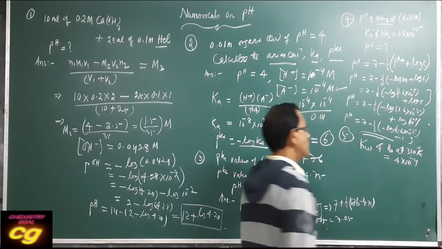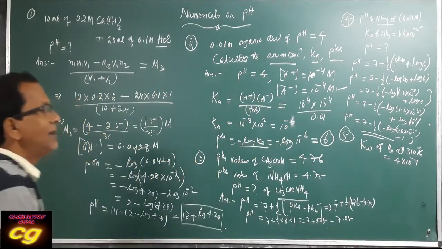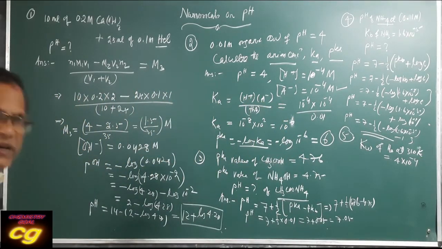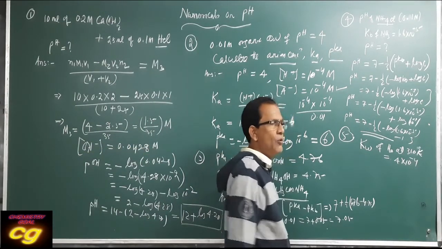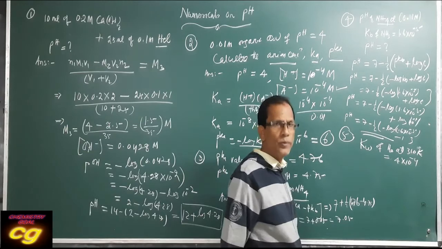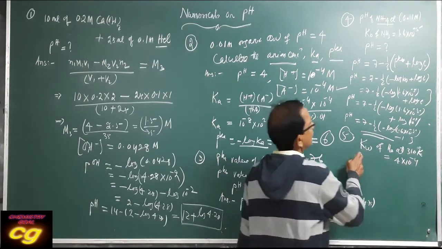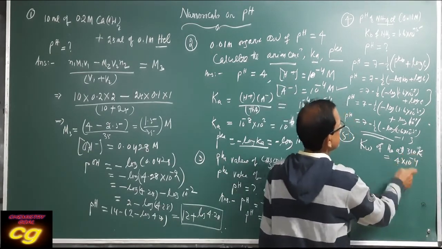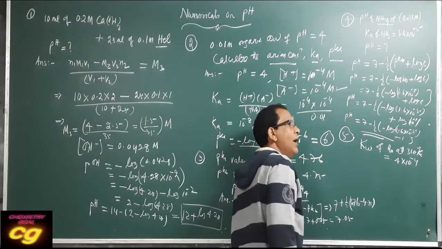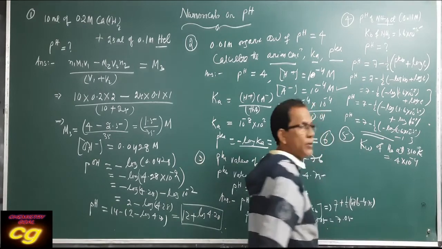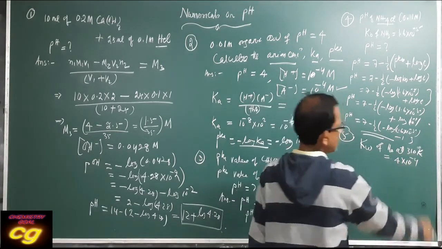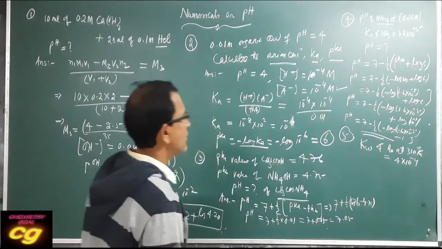This is the value of Kw of water at 310. But we know when temperature increases, Kw also increases, because already we have read that when temperature increases, the equilibrium constant also increases. Kw of water at 25 degrees, that is 298 Kelvin, is 10 to the power minus 14, and at 310 it is 4 into 10 to the power minus 14. This is the Kw value.